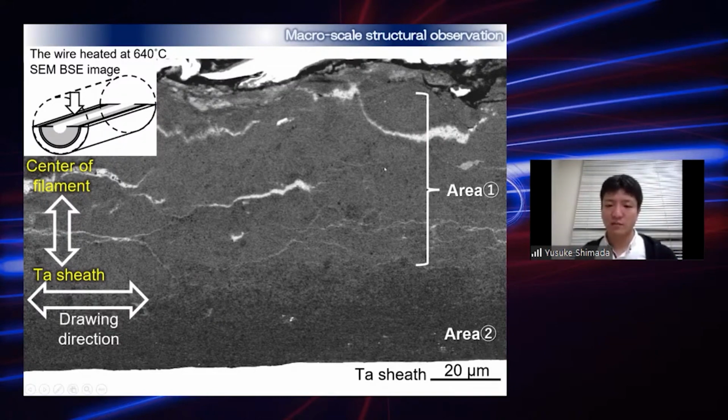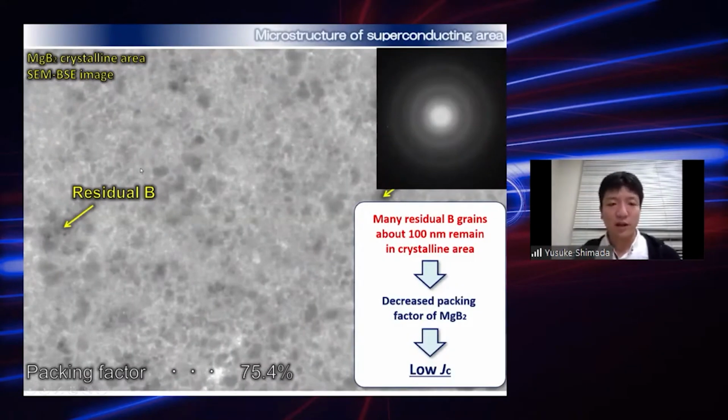So then I focused on this area. From the high magnification image, this MgB2 crystalline area has some dark regions. And from this diffraction pattern, this dark region corresponds to amorphous residual boron grains. So the wire's packing factor is 75%.